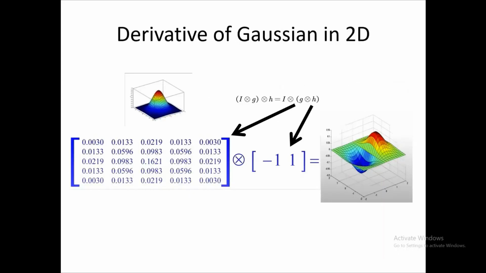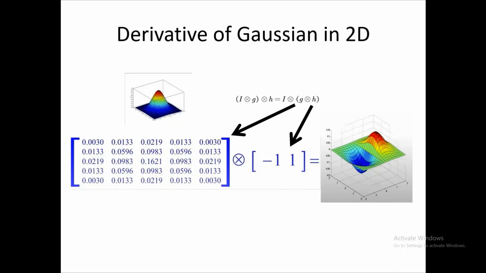So far we have studied the derivative of Gaussian in one direction and its effect on the suppression of noise and on finding edges. In the gradient, we take the derivative in the x direction and the derivative in the y direction.